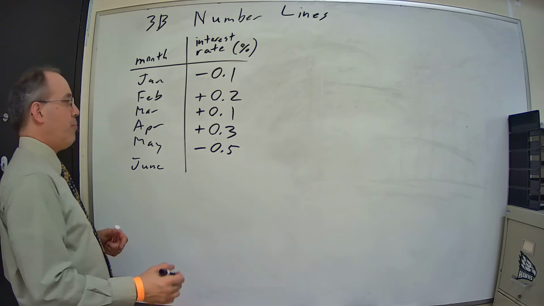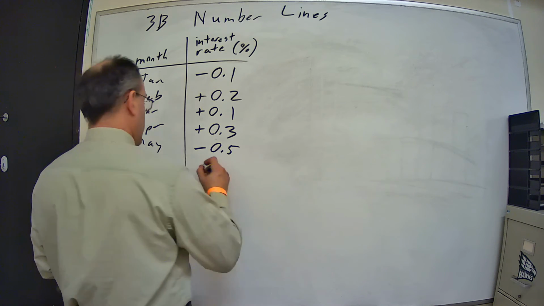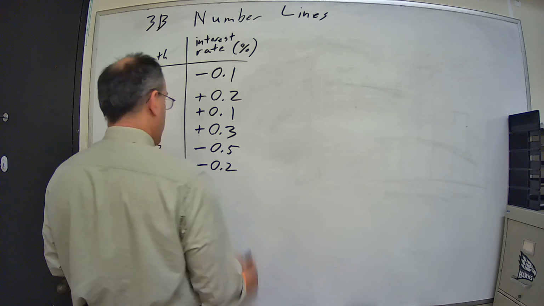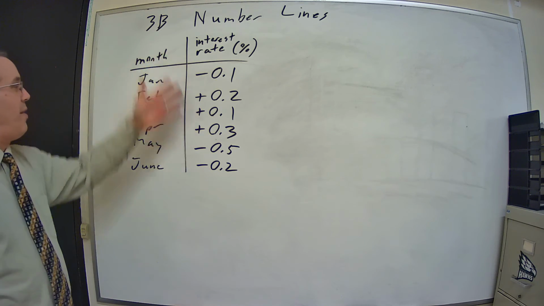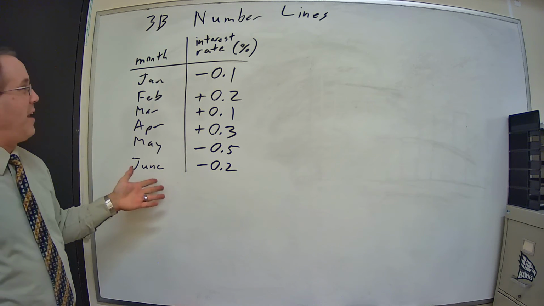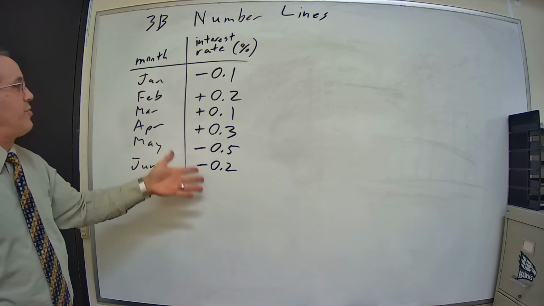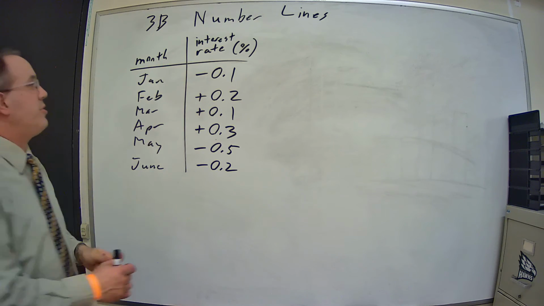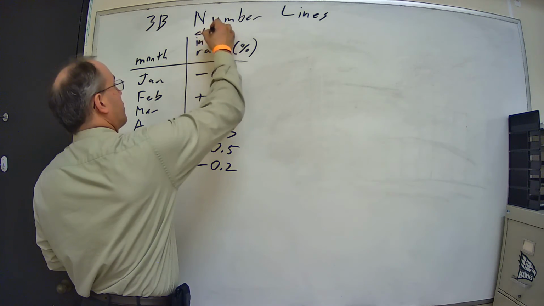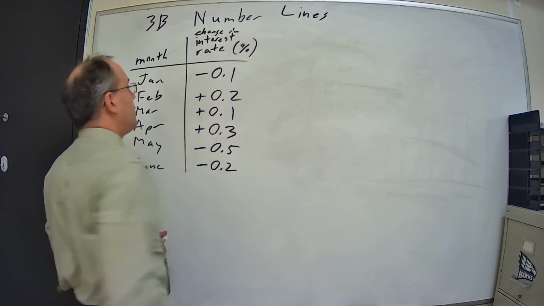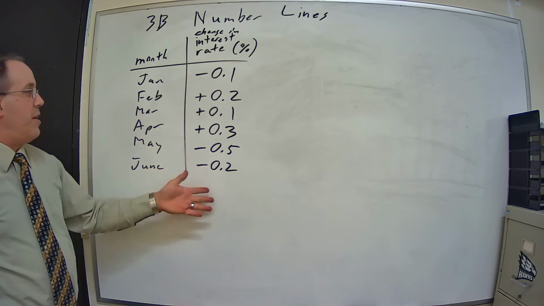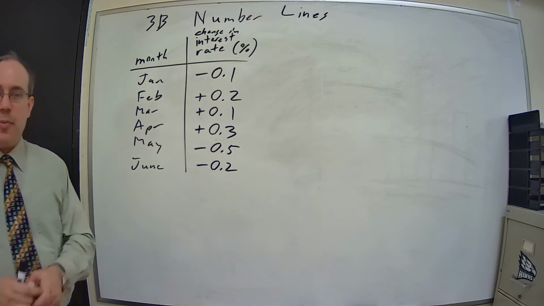And in June, it went up by 0.2%. So now I've got my months, my categories, and I have the change in interest rate, right? And some are positive and some are negative.